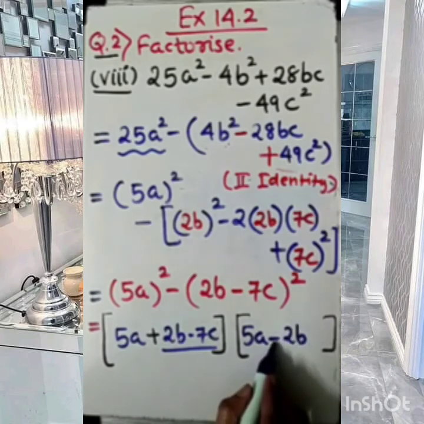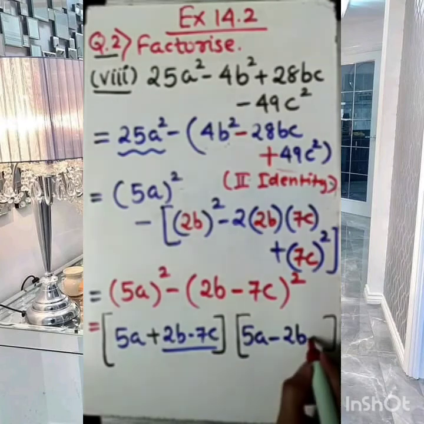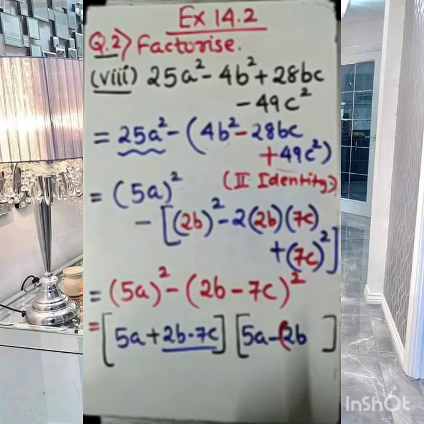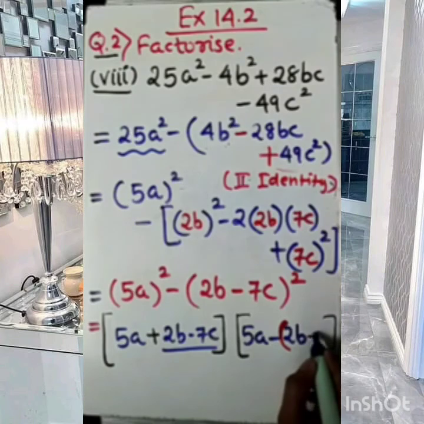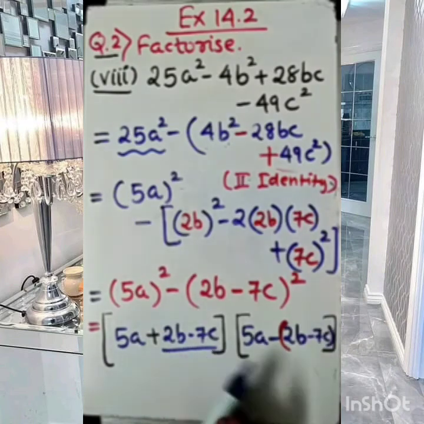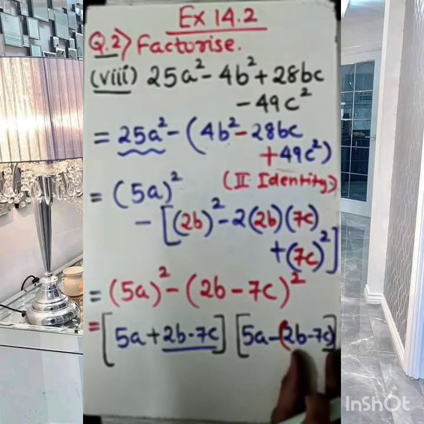Because of this minus sign, I need to change the sign here. So this will become plus. If you are not able to write it direct, then please mention it in a bracket for your better understanding. And in the next step, you need to change the sign. Once again, I am explaining 2b minus 7c in place of b I have written. Here also 2b minus 7c.